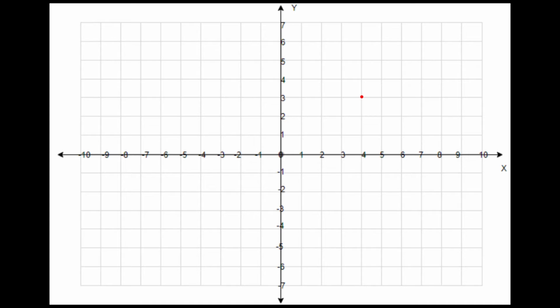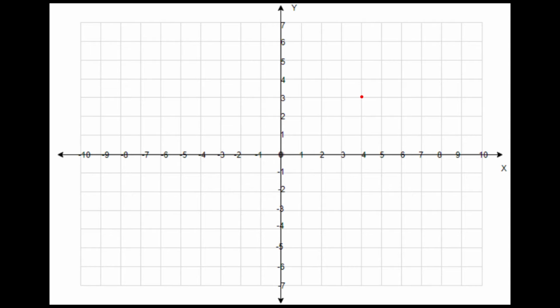So you tell the robot that it has to move some number of steps towards the right, that is in the direction of the x-axis. And the second thing that you tell the robot is to move a certain number of steps towards the y-axis.